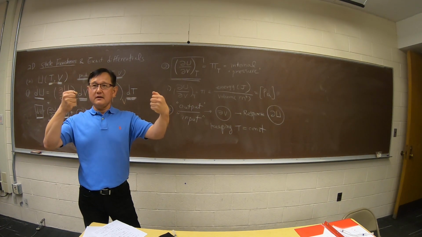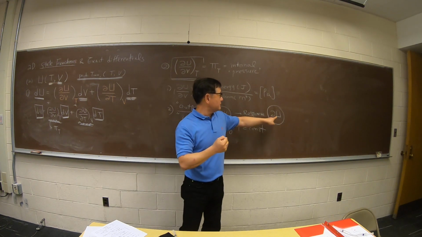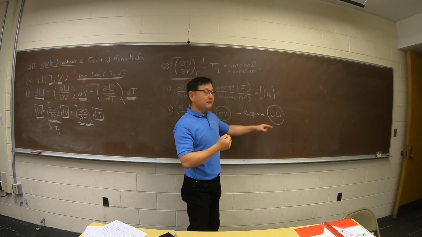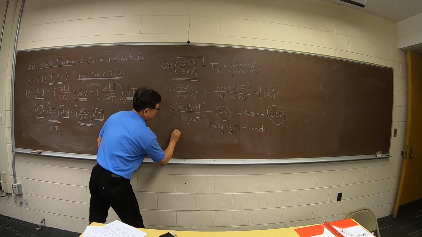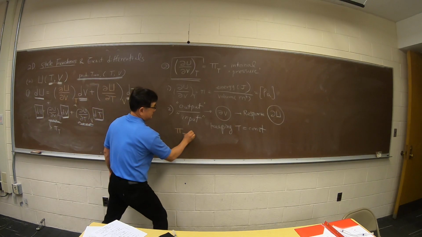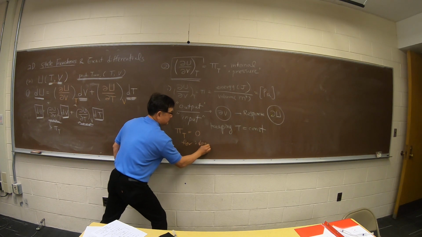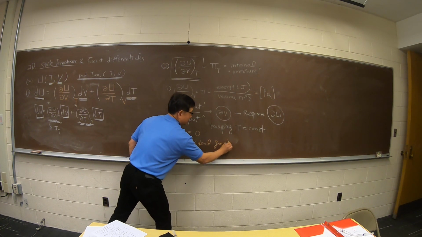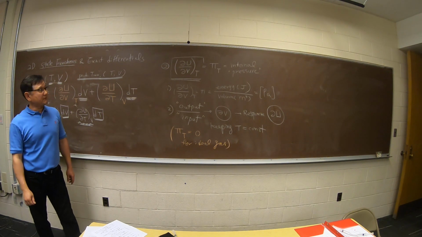If it is an ideal gas, this distance change has nothing to do with the internal energy. So conceptually I already know the internal pressure, at constant temperature, is 0 for an ideal gas. That's one I've already found out.